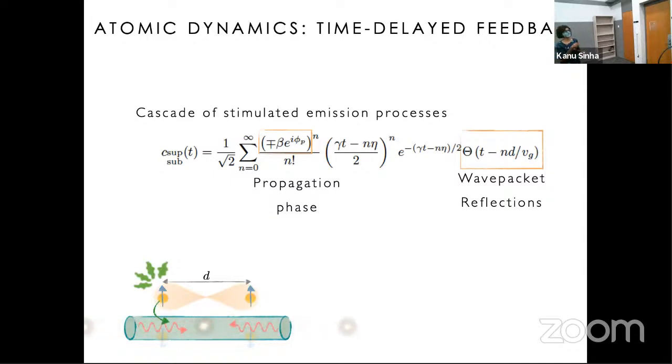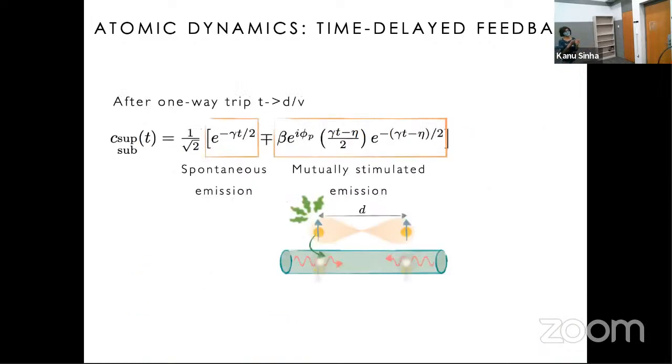For example, when the photons from one atom reach the other, there's a modification to the atomic evolution. And at the time where the atoms first see each other, before they only emit spontaneously, but as soon as they see each other, there's a modification to the exponential decay.